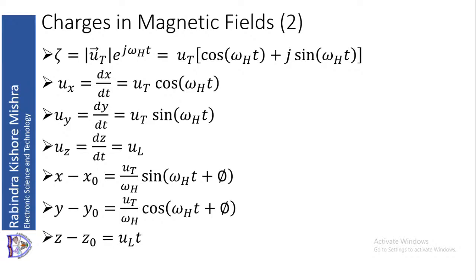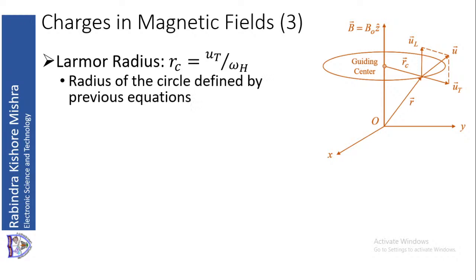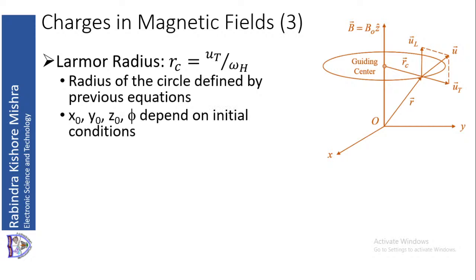Now let us call this radius the Larmor radius. So let us define Larmor radius rc as ut upon omega h. Now what does this radius give? This is the radius of the circle given by the equation for x and y. Then what are x0, y0 and g0?